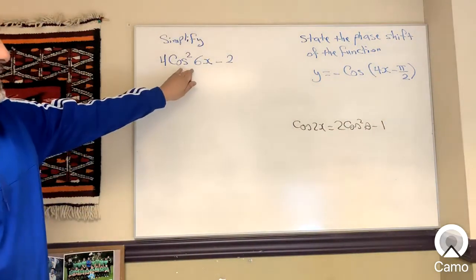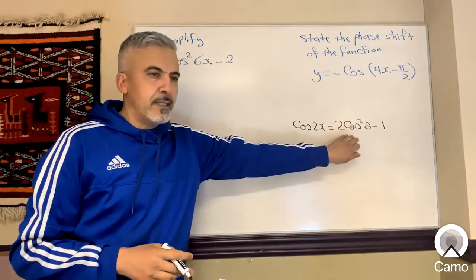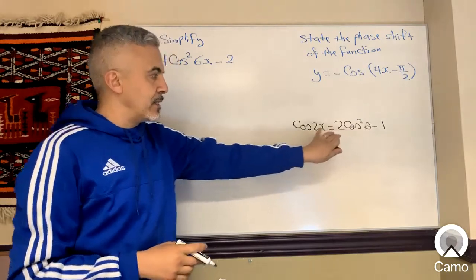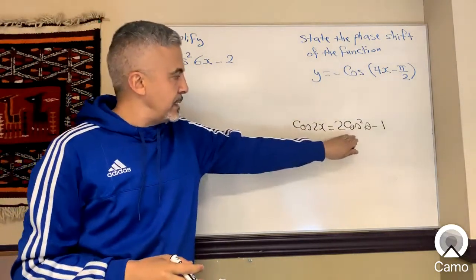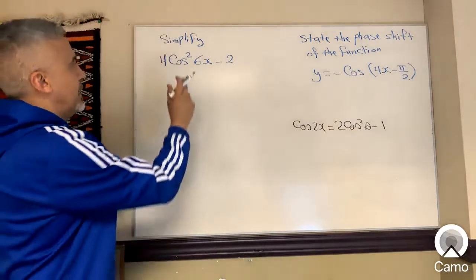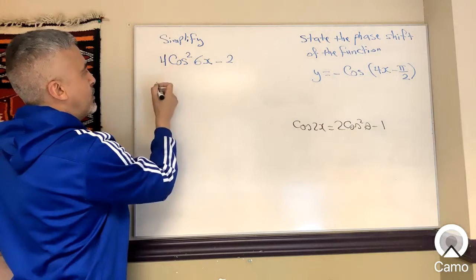So when I see this, I should be able to think, it looks a bit like this, doesn't it? So we have to manipulate this to make it look like this. The first thing I have to do is take out the greatest common factor, which is 2.